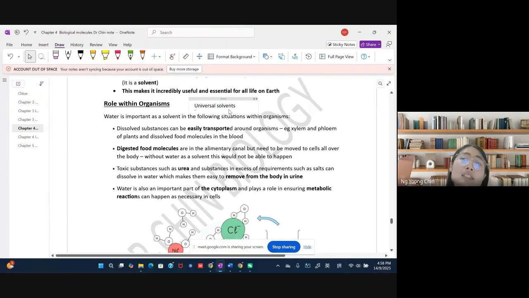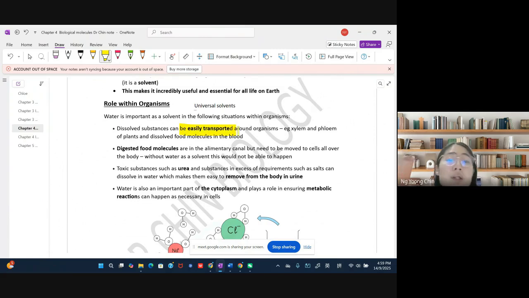For example, salt particles and sugars can dissolve inside the water. So the dissolved substances can be easily transported around the organs, like the xylem and the phloem. So water is usually used for transportation of nutrient molecules.